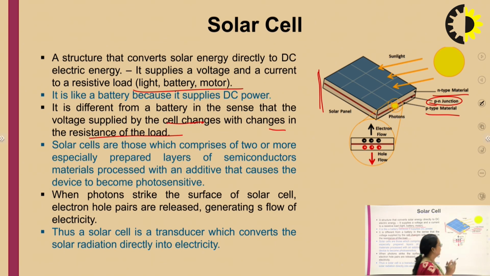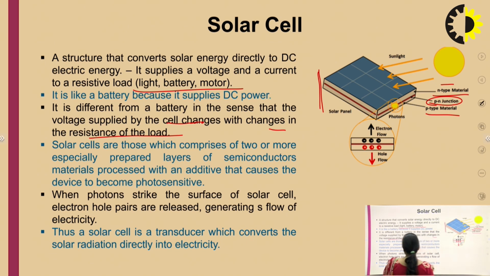So sunlight from the sun is incident on the upper layer of the solar panel, and electricity is generated because of the flow of electrons and holes.